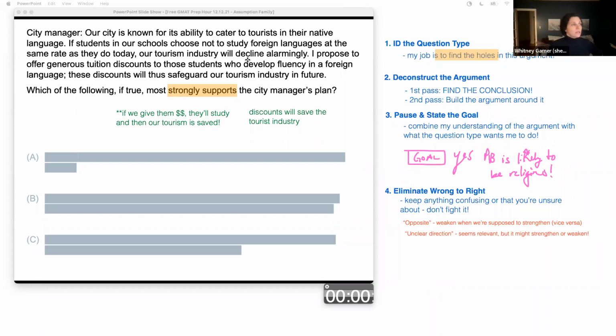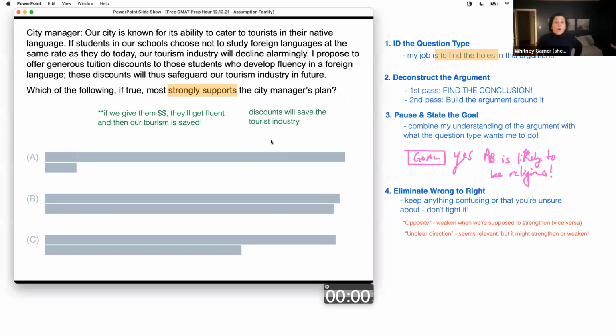Okay. So now my job: pause and state the goal. The author thinks that the city manager thinks that if we give them money, they'll become fluent, and then our tourism is saved, right? That's my fancy city manager.